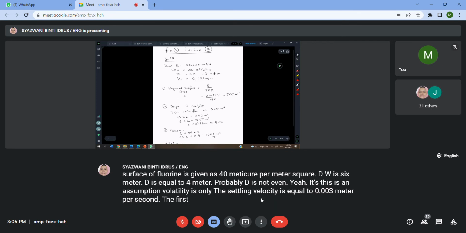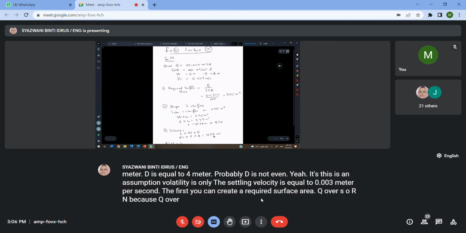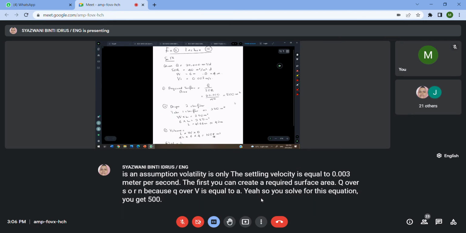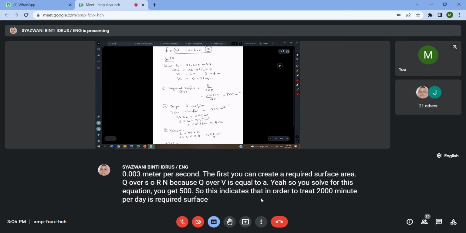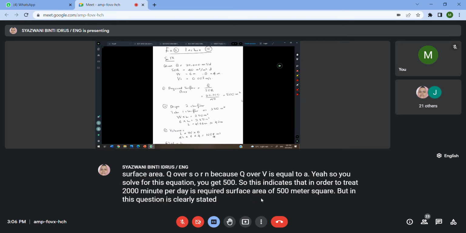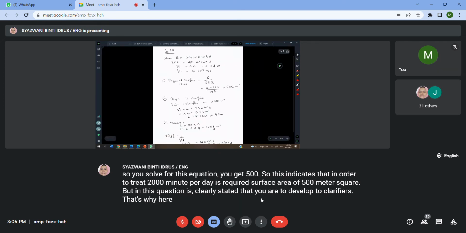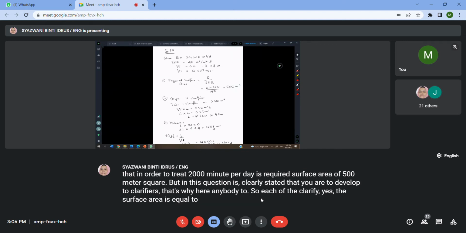First, you calculate the required surface area, Q over SOR, because Q over V is equal to A. Solving this equation, you will get 500. This indicates that to treat 20,000 meter cube per day, a required surface area of 500 meters squared is needed. But the question clearly states that you are to develop two clarifiers, so I divided by two. Each clarifier has a surface area of 250 meters squared.